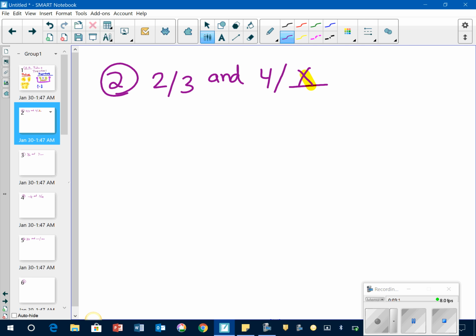So what I tell people to do is I always put mine upwards like this: 2 over 3 is always going to equal 4 over x. This one you could actually figure out if you wanted to, but your numbers are going to get larger, so I always show people this ratio and proportion way, the cross multiplying.